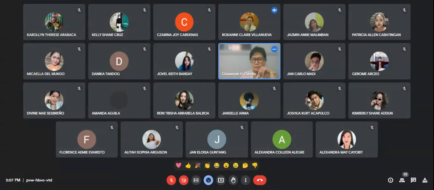Anong tawag doon? FIVOL. Yun. Minsan nagbibigay sila ng notice, active na naman ang ganitong volcano, sa level 1, 2, 3, ganun sila. No? So ano yung mga volcano na active dito sa Philippines?